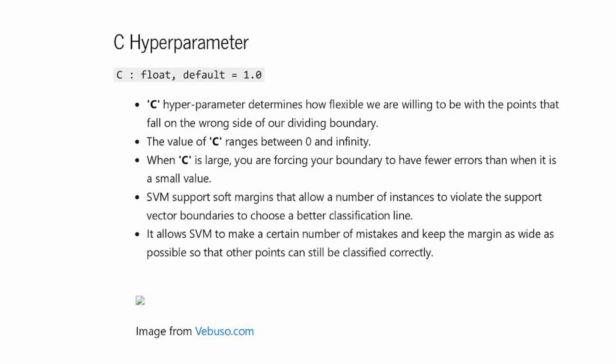Conversely, a very small value of C will cause the optimizer to look for large margin separating hyperplane, even if that hyperplane misclassifies more points. For a very tiny value of C, you should get misclassified example often, even if your training data is linearly separable.